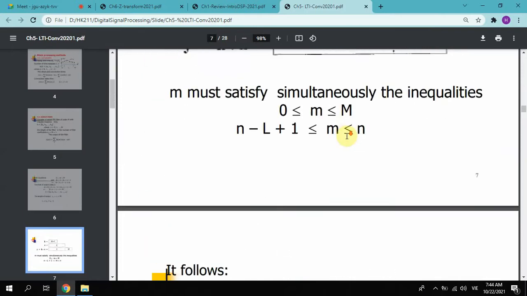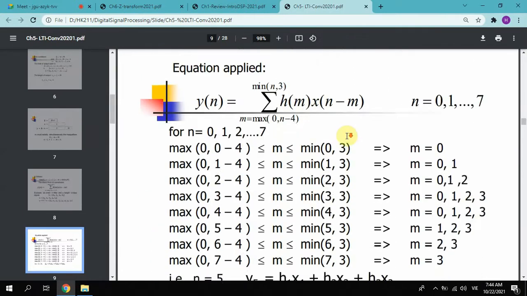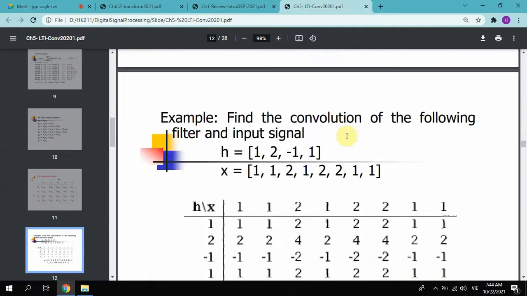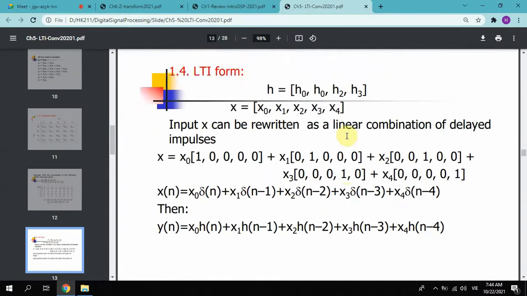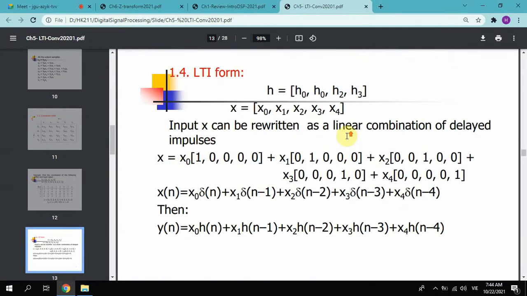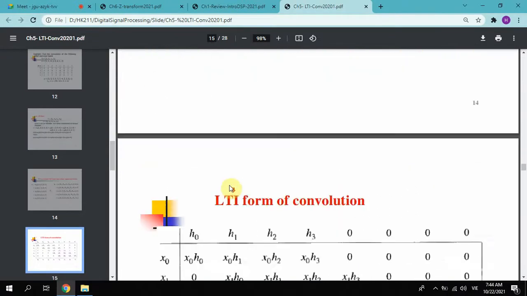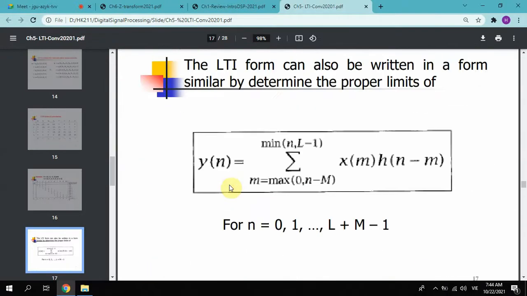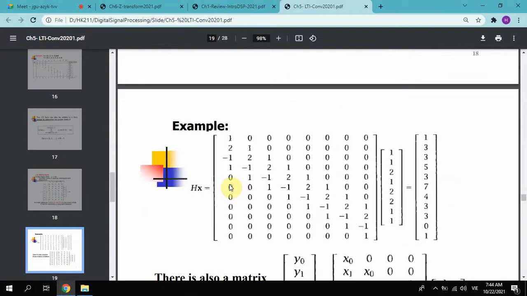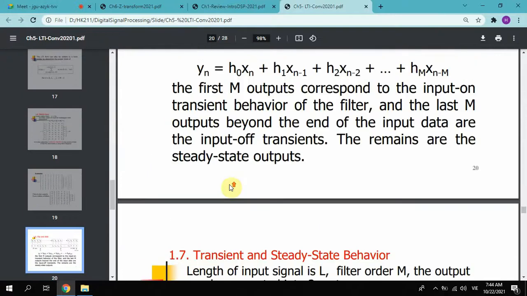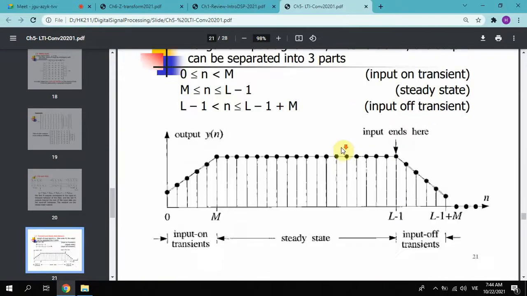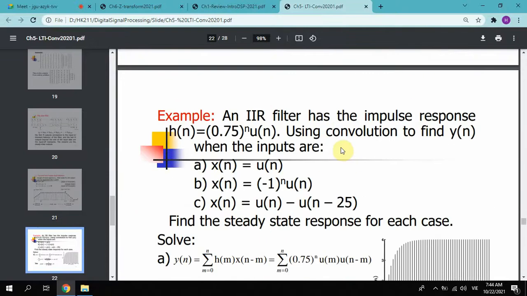Now, look at this. This is important. The second, Z transform can be written in the closed form. Closed form, because this is the impulse response of the FIR system.